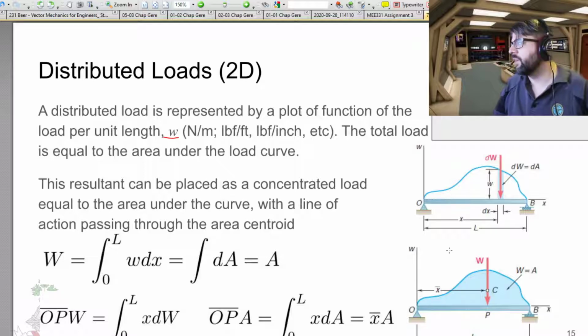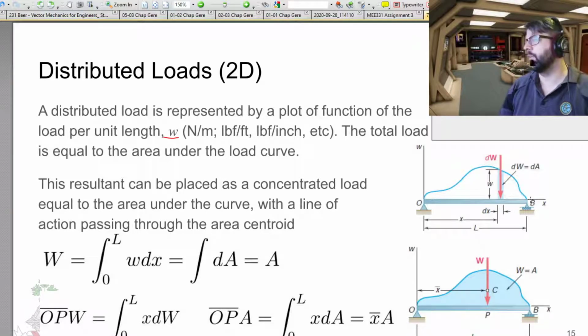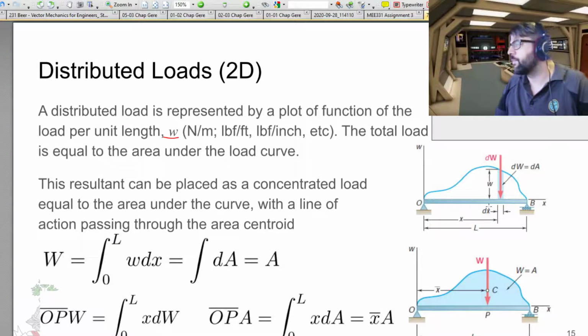And then basically, the way you calculate the total load is just taking that load line and calculating the area underneath that load curve. So we figure that out by integrating that load line over the area.